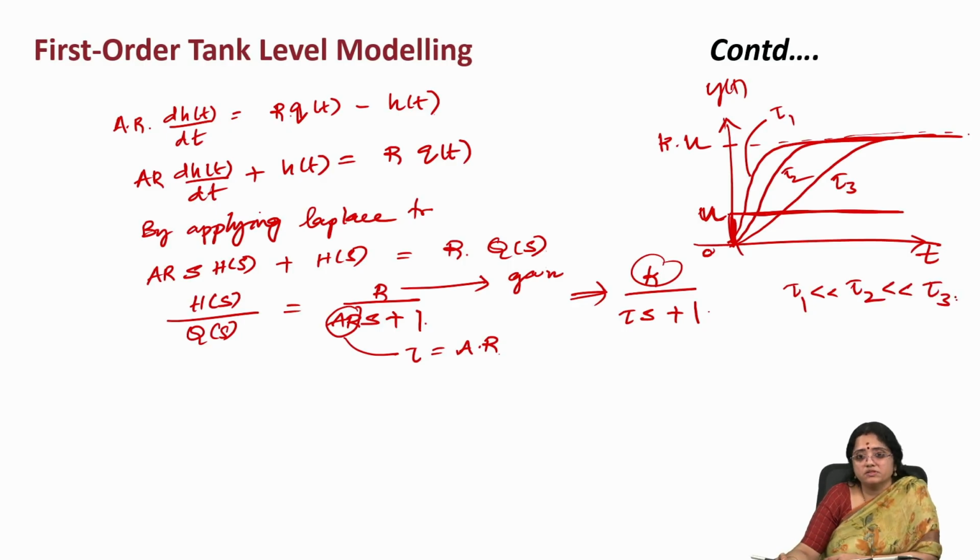Larger the time constant value, sluggish will be the system response. Smaller the time constant value, faster will be the response. But in any case, we understand that first order system does not oscillate. So it is very convenient to handle these kinds of systems, and if there is a possibility to approximate any given system as a first order system, designing closed loop controlling will be much more convenient.